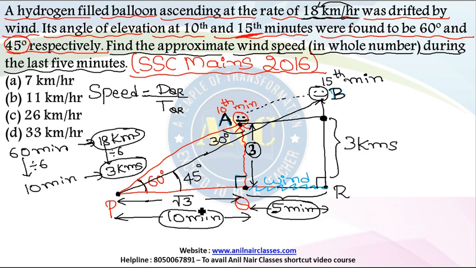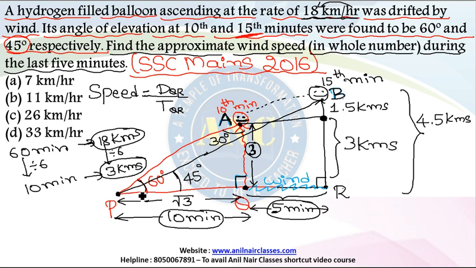In 10 minutes it travels 3 kilometers, so in 5 minutes it will travel another 1.5 kilometers. That means the total distance from R to B is nothing but 4.5 kilometers. I hope you are understanding, sir. That is the reason I told you to put a star mark for this question, which is a beautiful question. Total distance from R to B is 4.5.